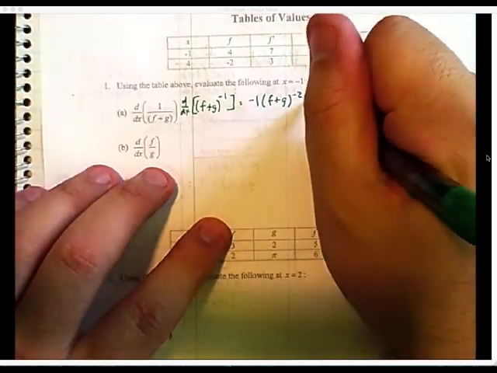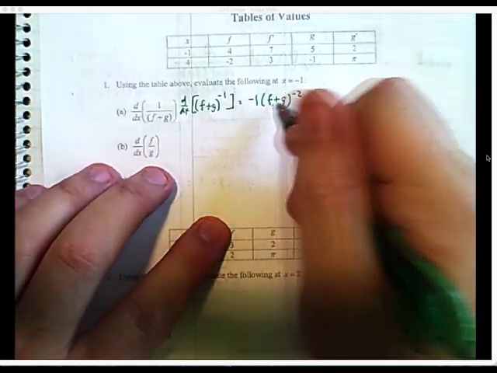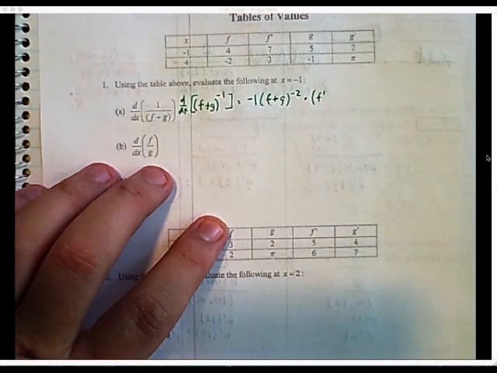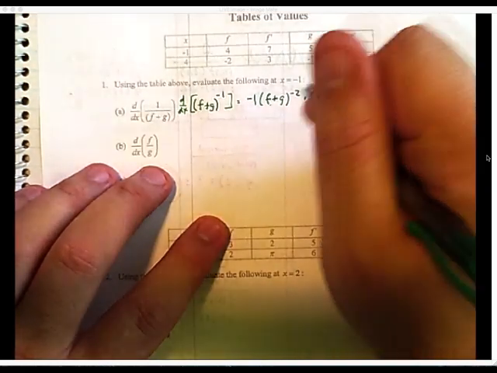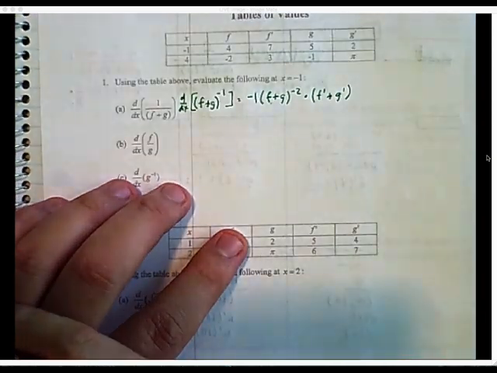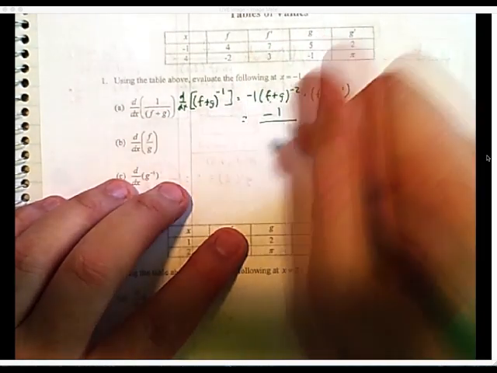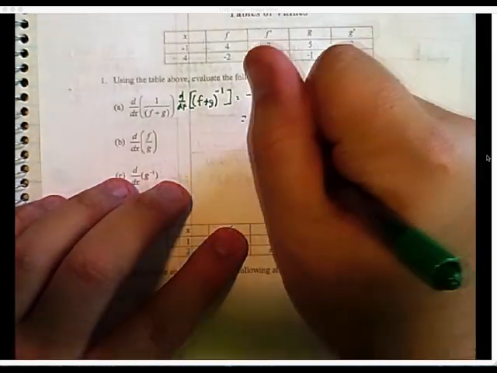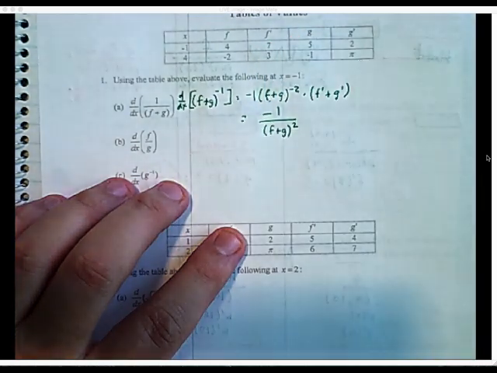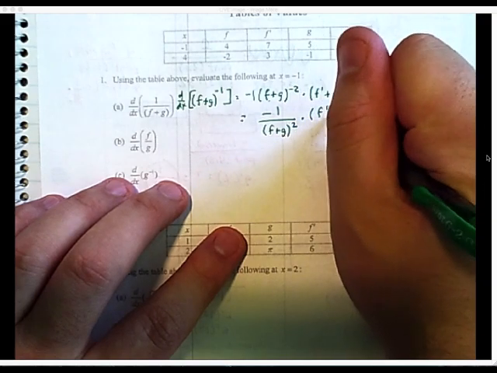Then you multiply it times the derivative of the inside. So the derivative of f would be called f prime, plus the derivative of g would be called g prime. So if we want to rewrite this, that's negative 1 over f plus g squared times f prime plus g prime.